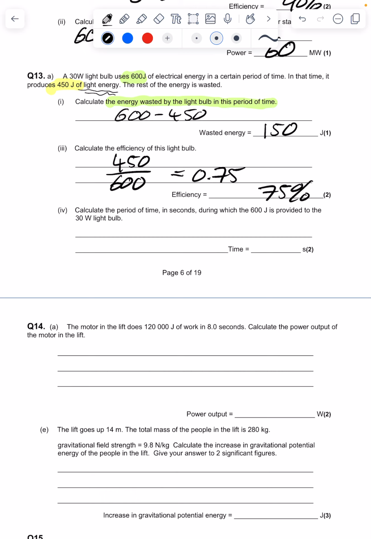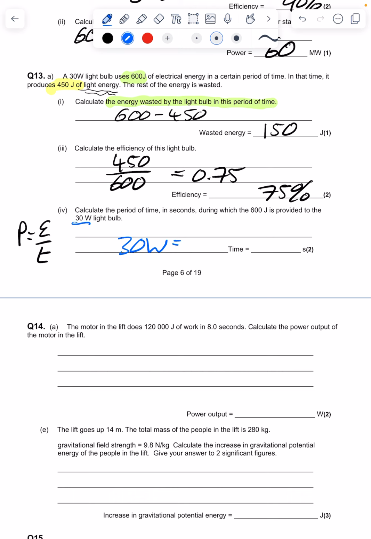And calculate then the time period in seconds during which the 600 joules is provided to the 30 watt light bulb. So power equals energy over time. What information are we given here? Well, we're given the power. That's 30 watts.